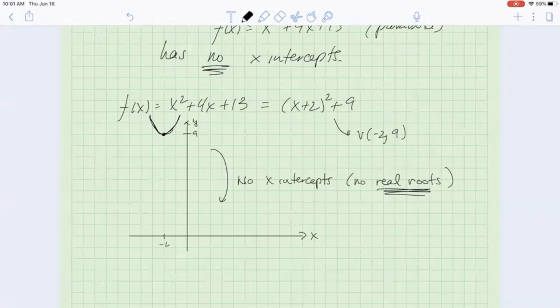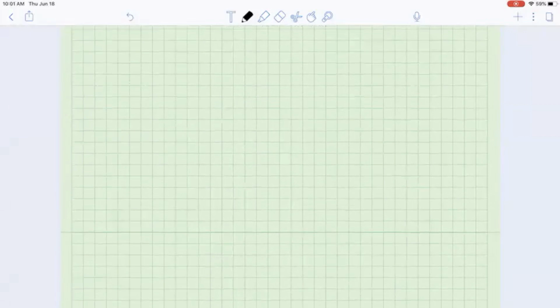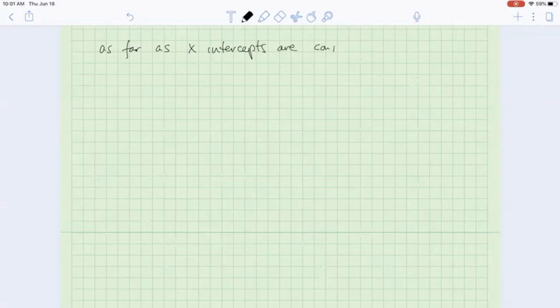So as far as intercepts go, as far as x-intercepts are concerned, there are 3 outcomes possible.